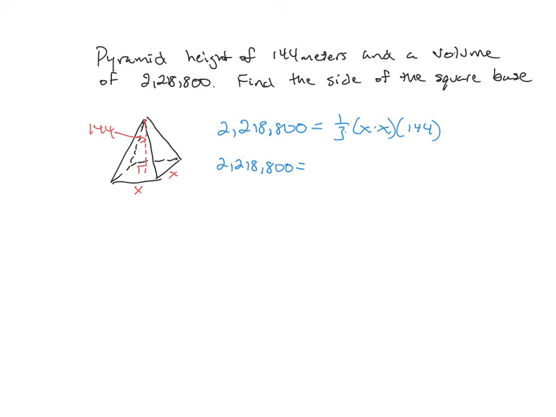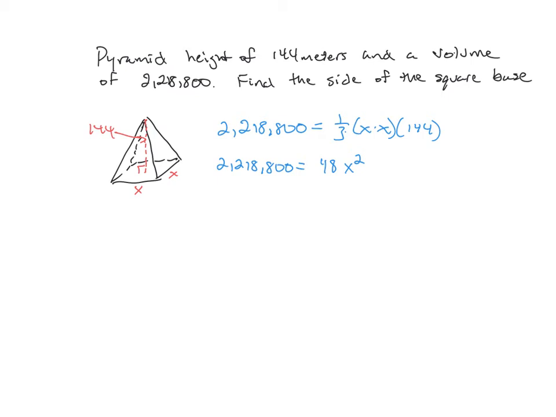So if I divide that in, 3 goes into 14 4 times, because 4 times 3 is 12, and 2, so it'll be 48. And then x times x, or x squared. All right, then we're going to just solve the equation for x.